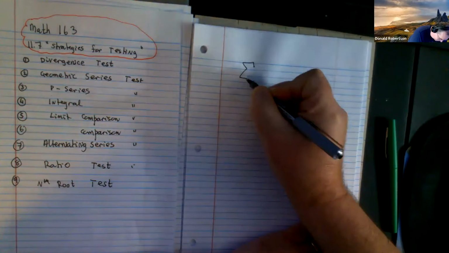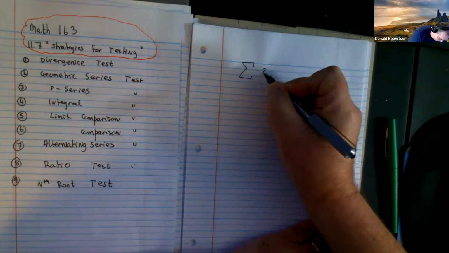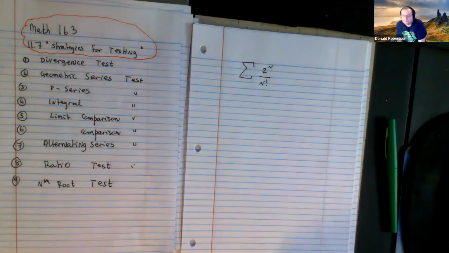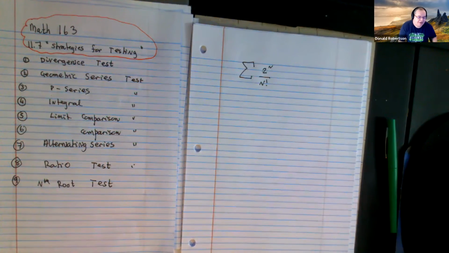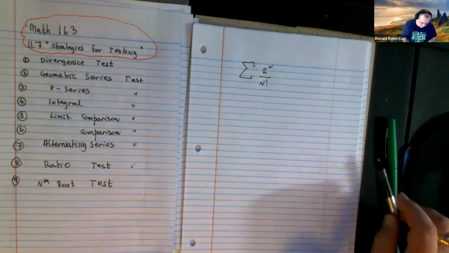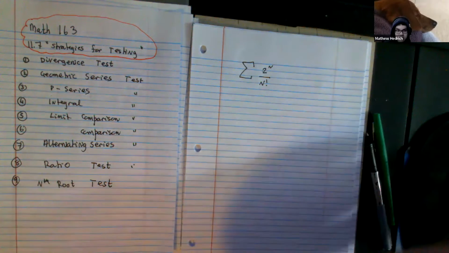So I'm just going to randomly pick a series. Which of the 9 tests that are to the left is the one that you should use in this situation? Ratio.